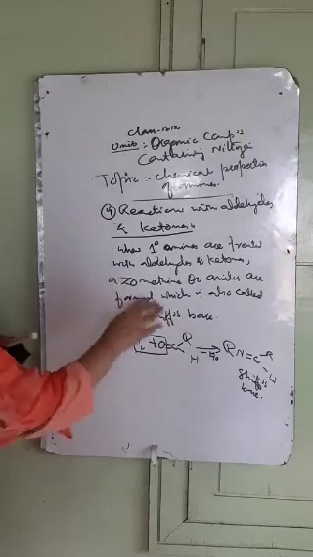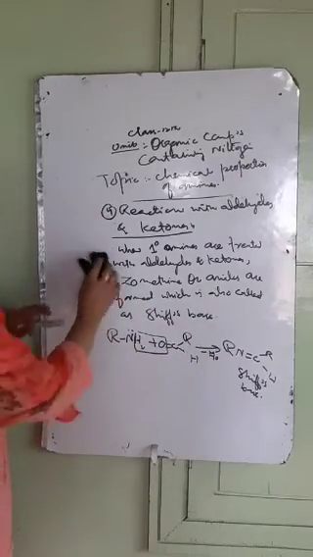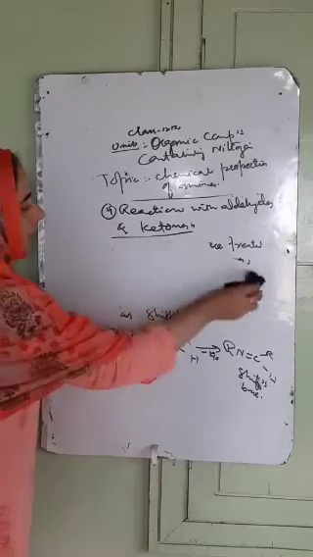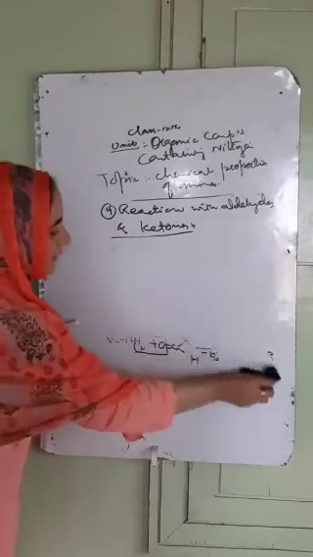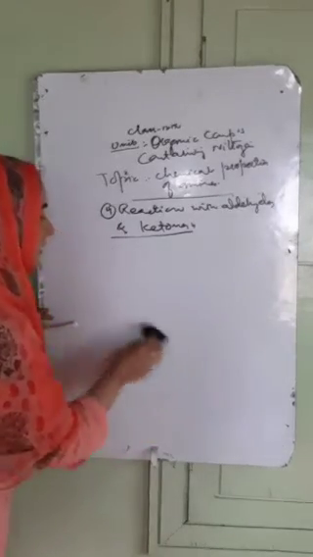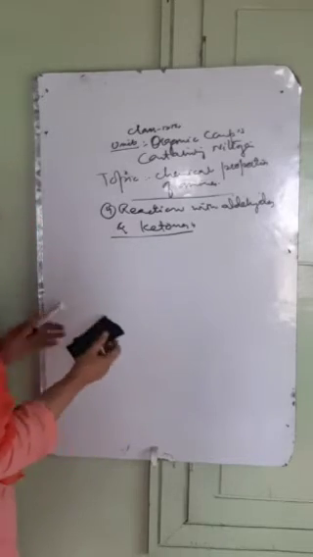First with primary amines Schiff's base is formed, while secondary amines जो होते हैं, they react with aldehydes and ketones, लेकिन उनमें क्या होना चाहिए, अल्फा हाइड्रोजन एटम होना चाहिए.